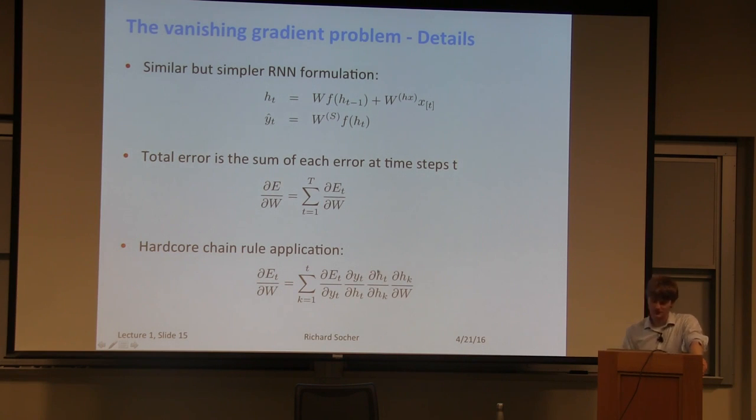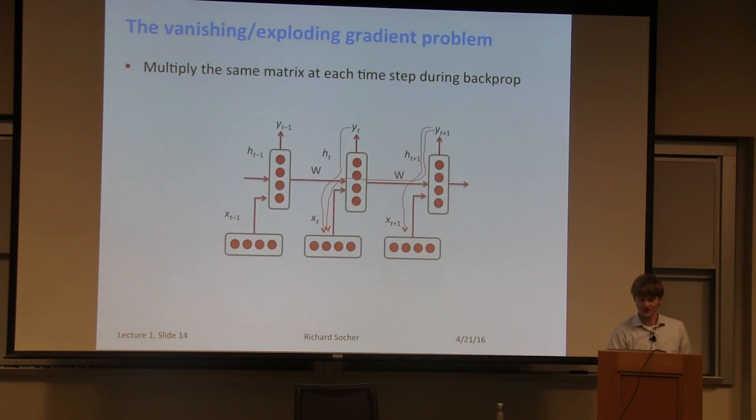A lot of derivatives, basically applying the chain rule to get to the derivative with respect to W in the end, which is inside each of the hidden states that we computed until that time step, right? Intuitively, we use W at each of the time steps, so to compute the derivative of h t plus 1 with respect to this W, well, this W appeared here to compute h t and h t minus 1, and h t minus 2, and h t minus 3, all the way until h 1.